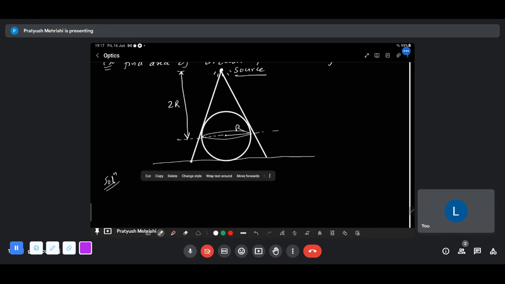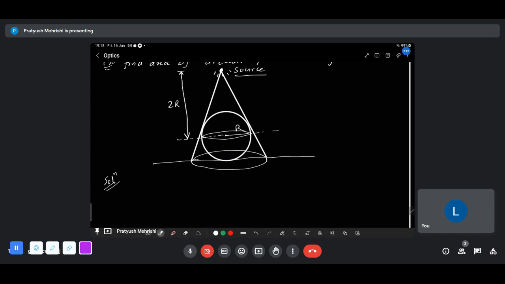So now we projected this line like this, and because of this, we would be seeing a shadow of the sphere like this. This is the shadow of the sphere.